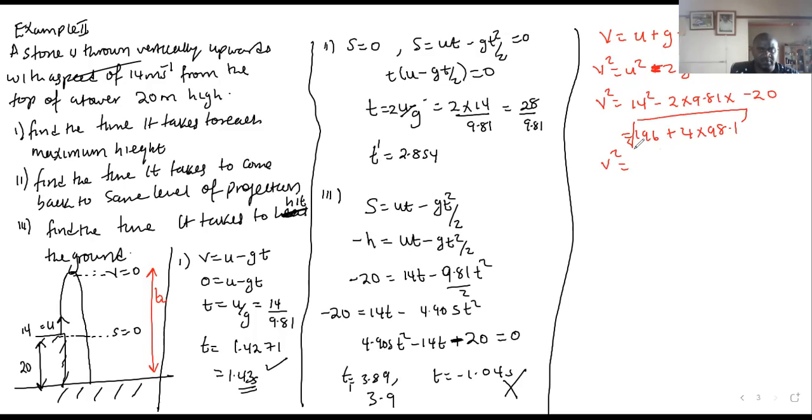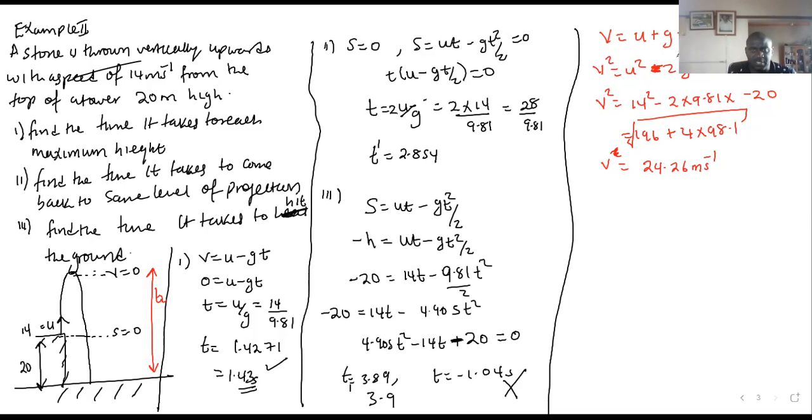Actually, find the square root at once. 24.26 meters per second.